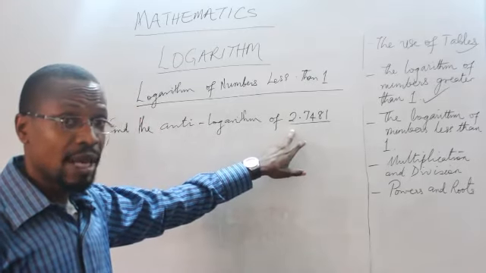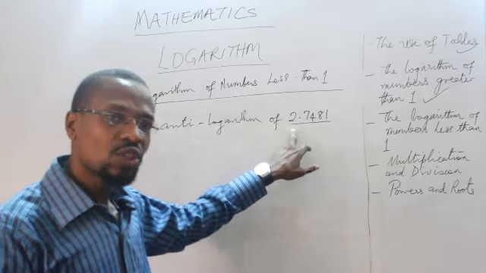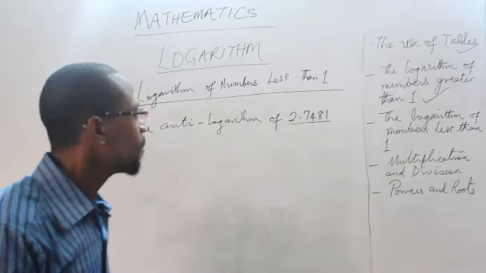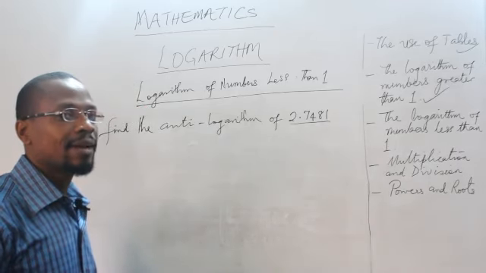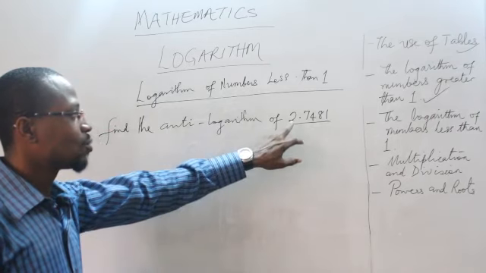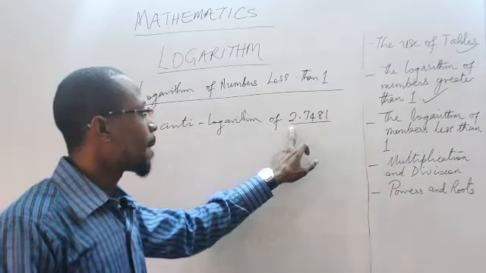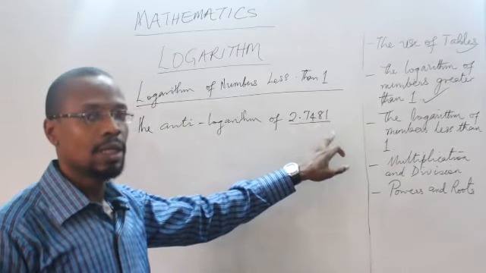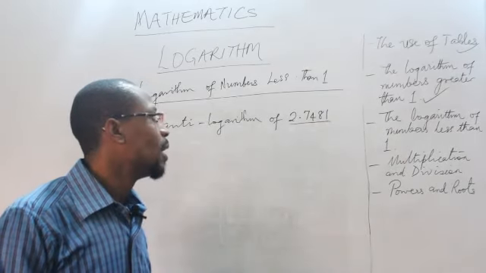The number I wrote earlier is 3.3923. Good. But let us consider 2.7481. Now, what is our characteristic in this logarithm? Our characteristic is 2. What is our mantissa? 7481. Is that correct? Good.